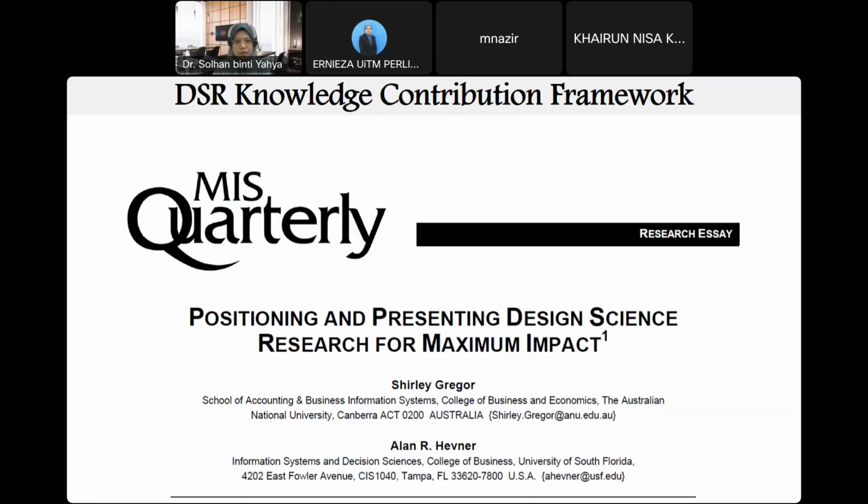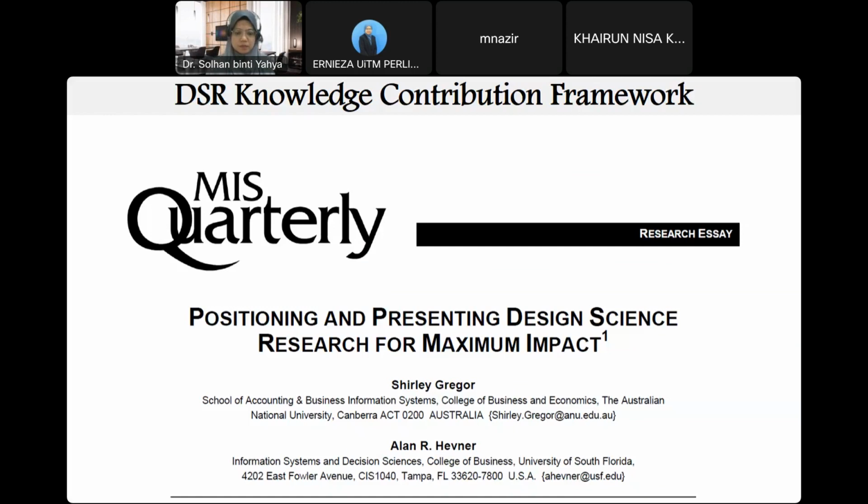Because this founder, this guru, found out that researchers face a problem. They feel it is difficult to position the knowledge contribution, because some people say, oh, design science is just a matter of development, just a matter of coming up with a solution, algorithm, technique. Is it applied work? Is it developmental work, right? But how are we going to position the contribution?